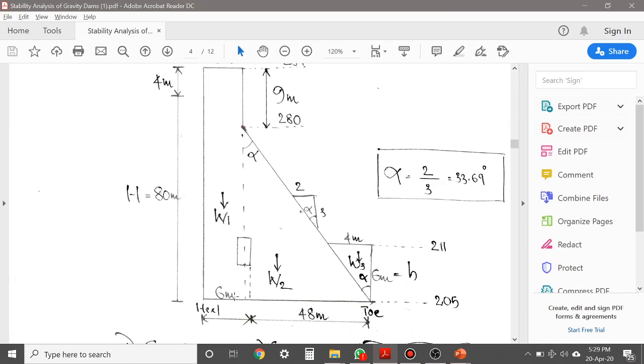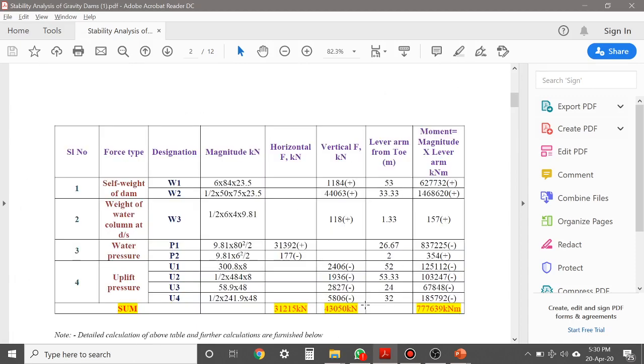So the distance from line of action of W1 to the toe will be this 3 plus 48, that is 51. You go back to our table. See, this is the distance, that is lever arm distance of W1 to toe.